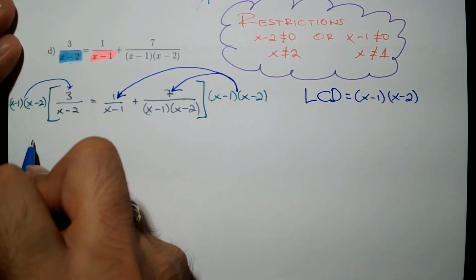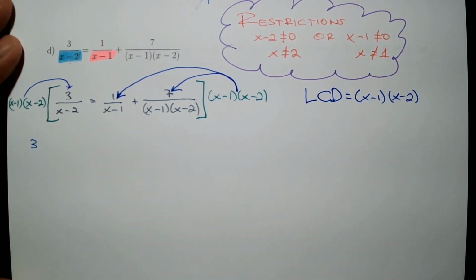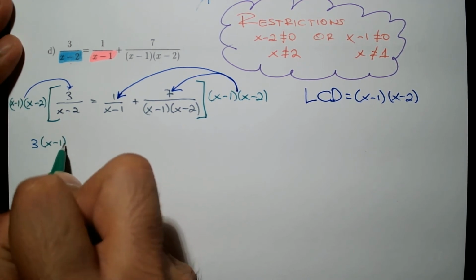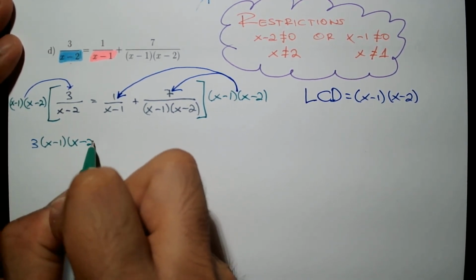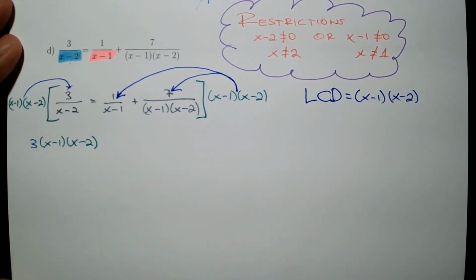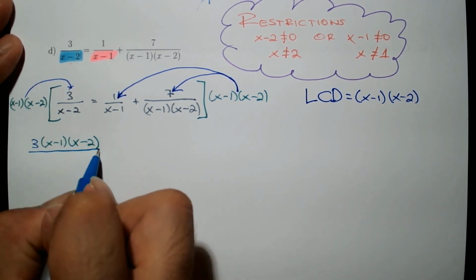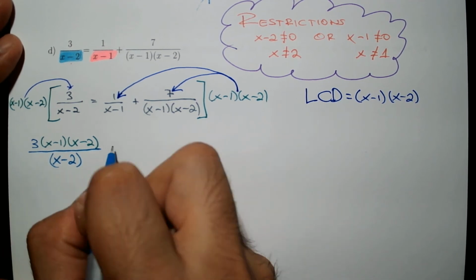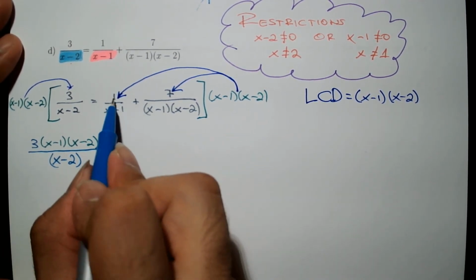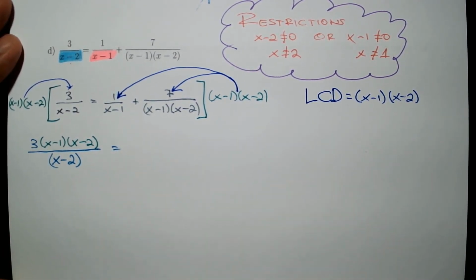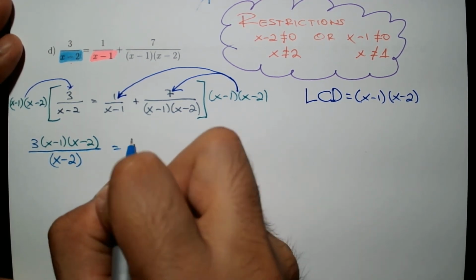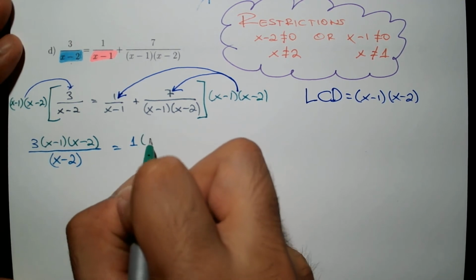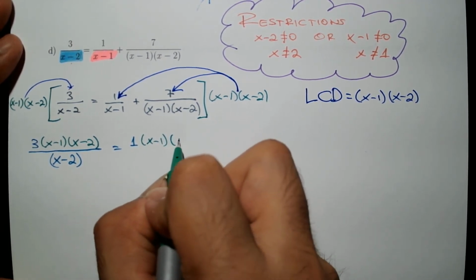So this is going to be 3 times the quantity in green that I'm going to distribute, which is x minus 1 times x minus 2, and that's going to be divided by x minus 2. Okay, equals 1 times the product of these two. That's going to give us 1 times the product of x minus 1 times x minus 2.